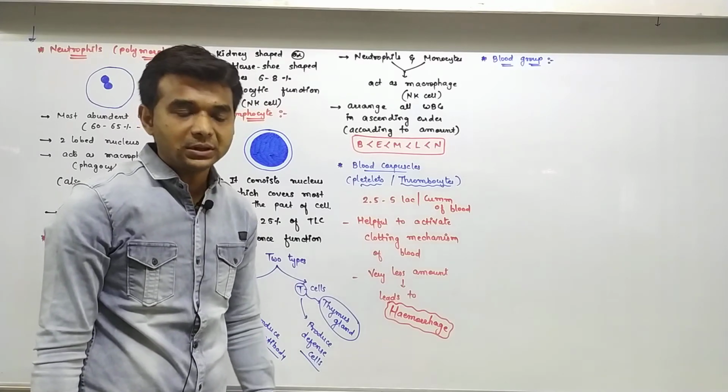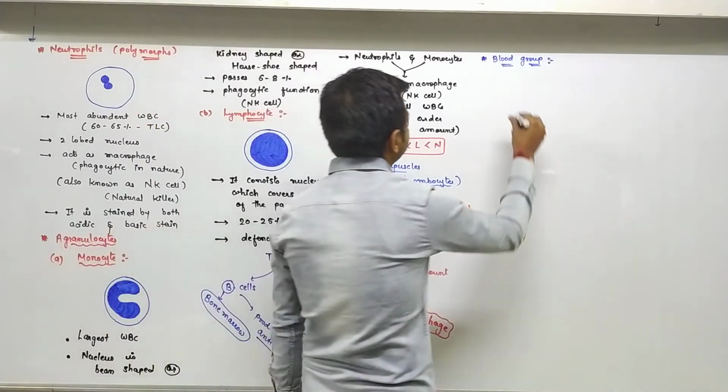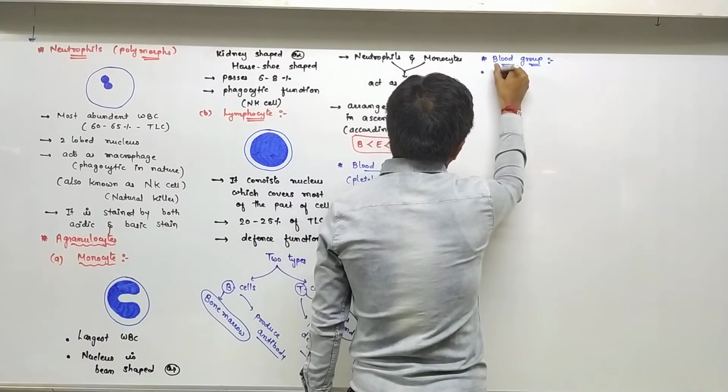There are a total of 30 types of blood group worldwide.